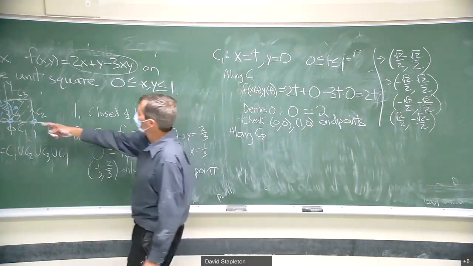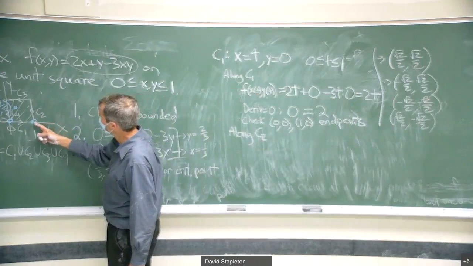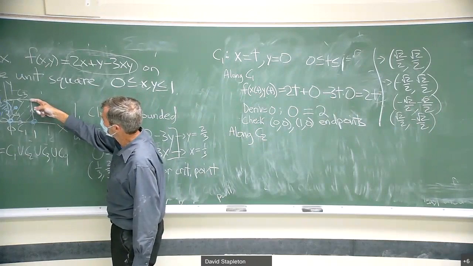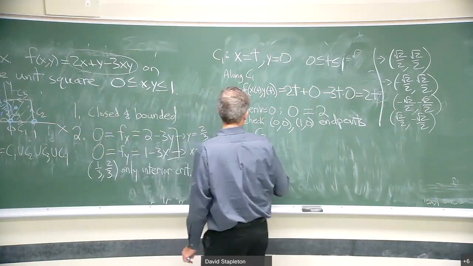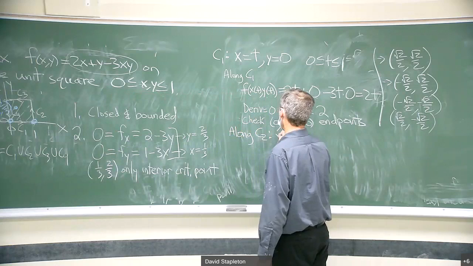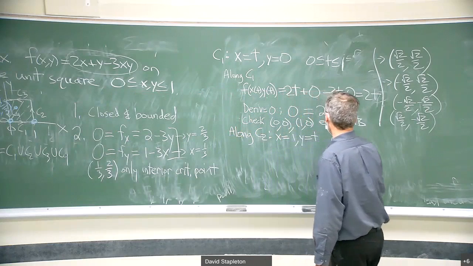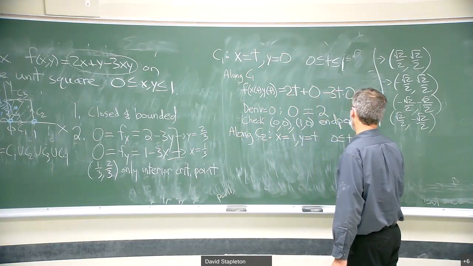All right, so along C2, x is equal to 1, and y can run from 0 to 1 to sweep out this boundary of the square. So let's say along C2, x equals 1, y equals t, and t runs from 0 to 1.